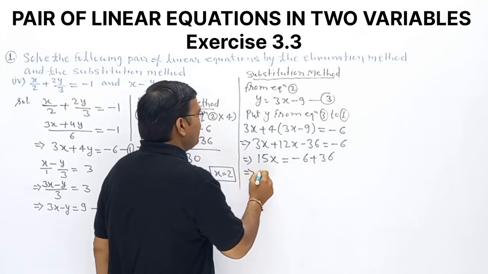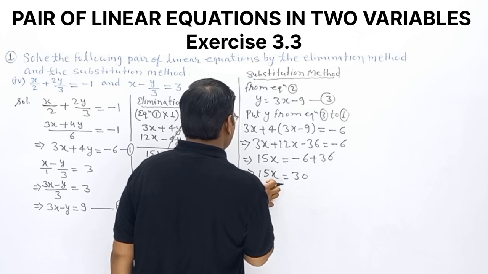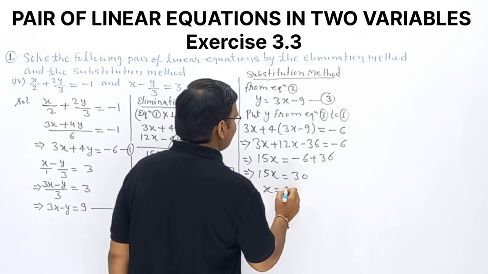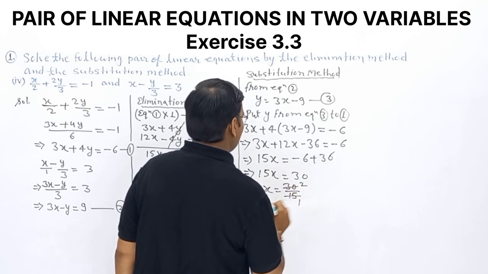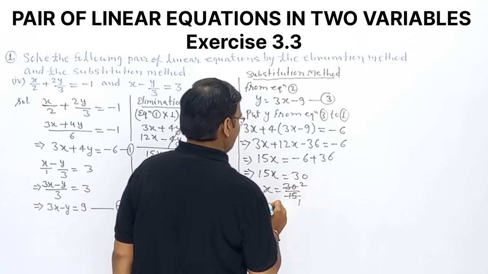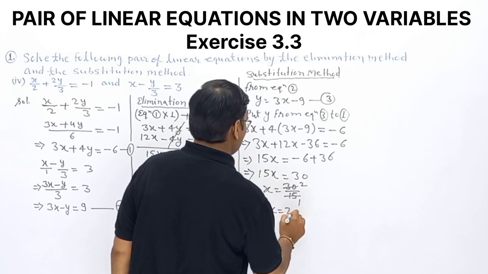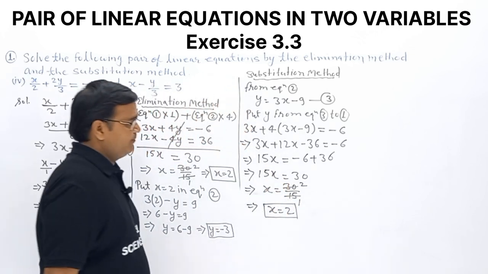Solve: 15x will be 30. Finally, what about the value of x? We can write x equal to 30 upon 15. 15 times 2 is 30, so the value of x will be 2. Now what about the value of y?